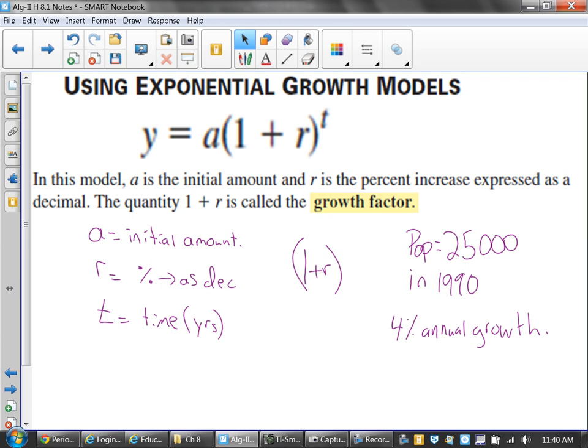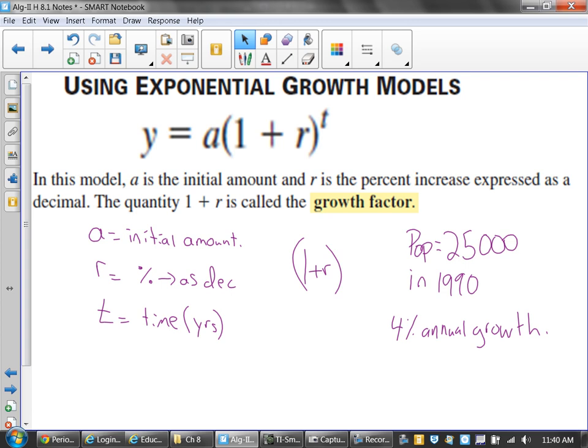You know where your starting point of time in years was. For example, if I'm saying the population was 25,000 in 1990, that's my starting point of 0 for time. 1990 to 2000, T would equal 10, because it's time since the first data given to you.